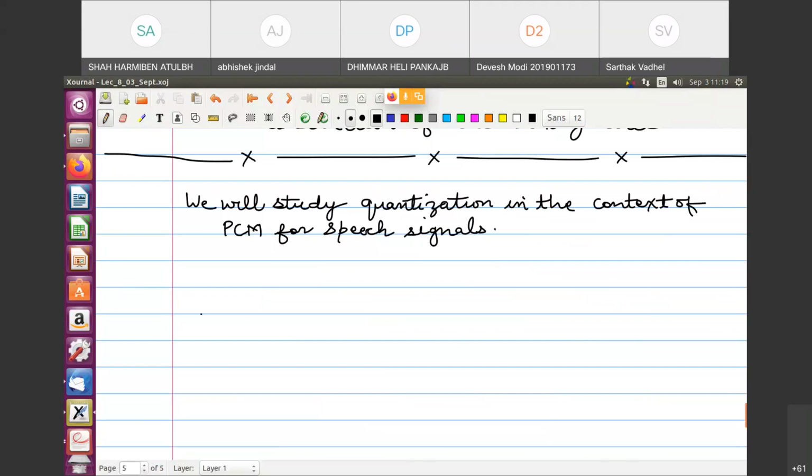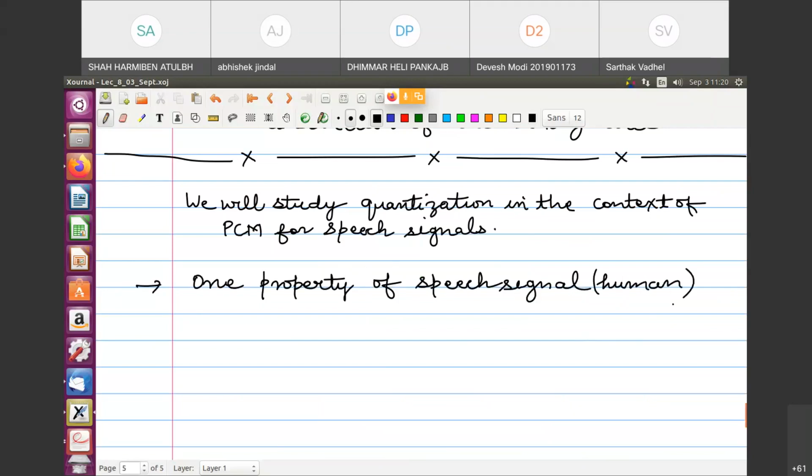So let us draw one property of the speech signal. One property of the speech signal. It's important to write in brackets human, because we are not studying speech signals of other organisms.